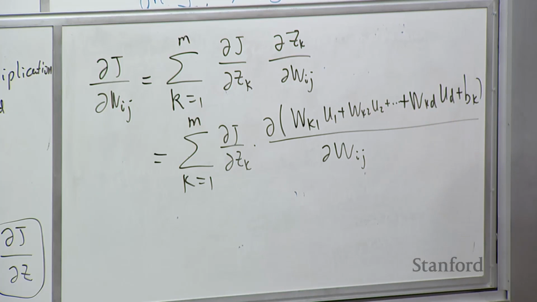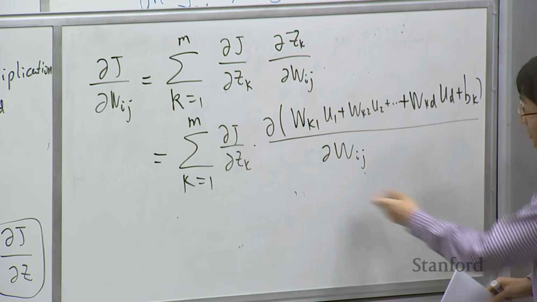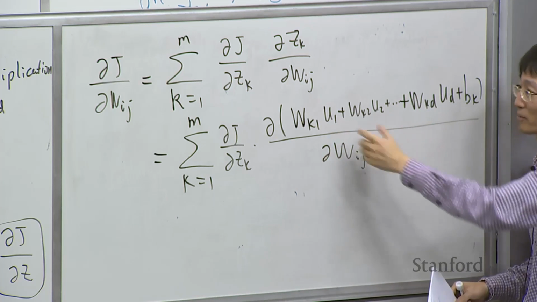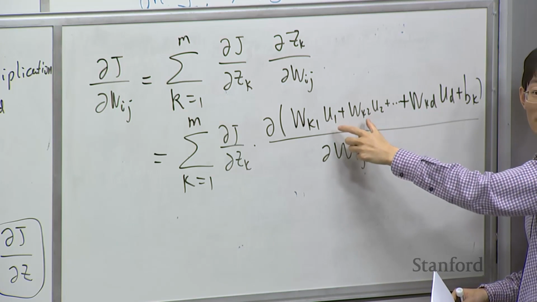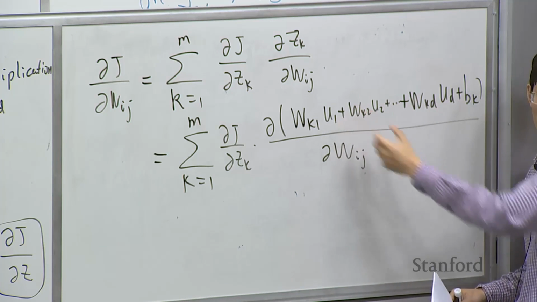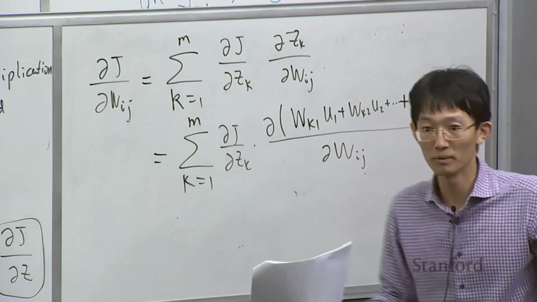So to make this non-zero, you have to make sure that this variable at least shows up in the expression. If the variable doesn't even show up, there's no partial derivative; the partial derivative will be 0.